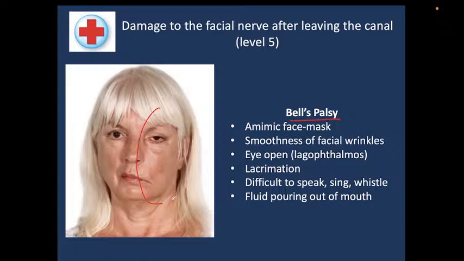Here this is the half of the head for this woman. This woman has Bell's palsy, when all external branches of the facial nerve were damaged, and that is really tragic because denervated muscles look like a mimic face mask.